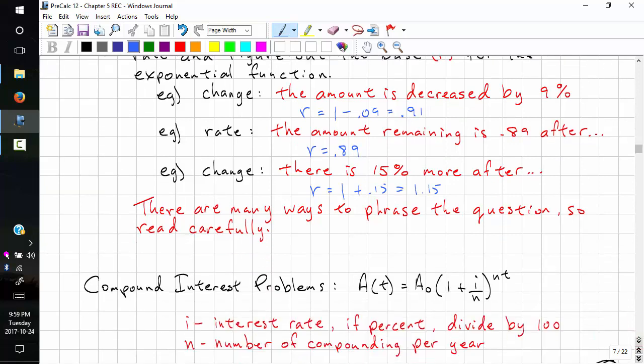So there are many ways to phrase the question, so read carefully. And we need to be careful about rounding. Don't assume rounding to the nearest is correct.